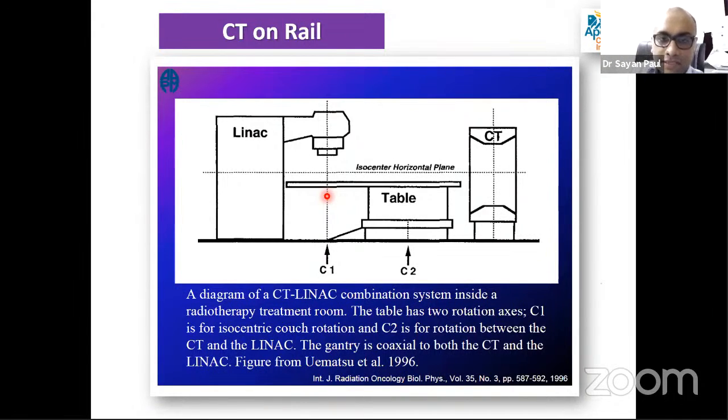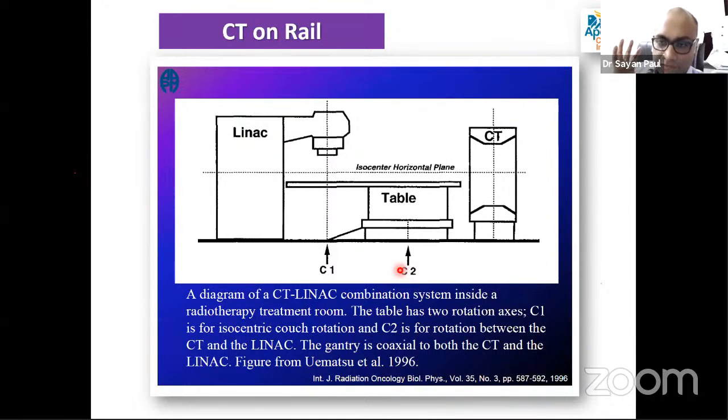As you can see, there is a CT scan machine, there is a LINAC machine, the axis is same, there is a table, there are two axes of rotation, one C1, which is the isocentric couch rotation, C2 is the rotation between the CT and the LINAC.